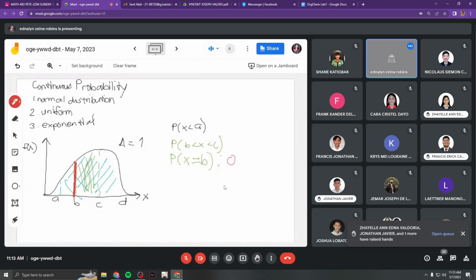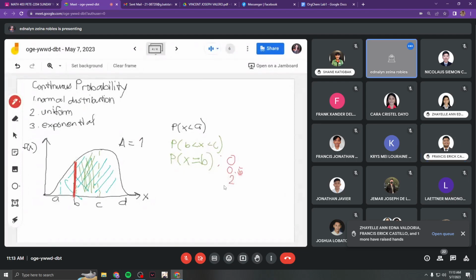Yes, Jonathan. Try lang din po, 0.5 po. 0.5. Any other answers? Who wants to try? Try lang, wala namang problema. Francis. Ma'am, try lang po. Ma'am, 2 po. 2.